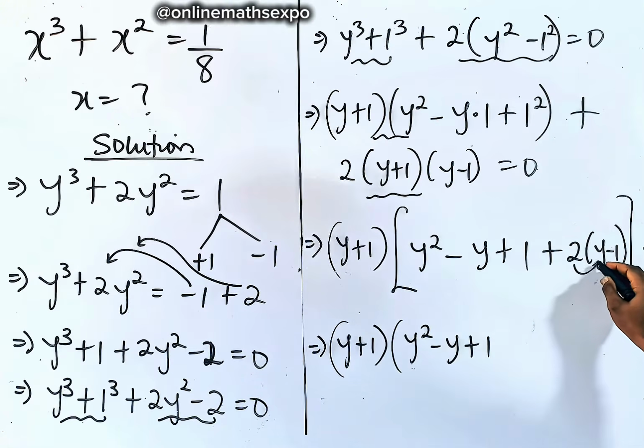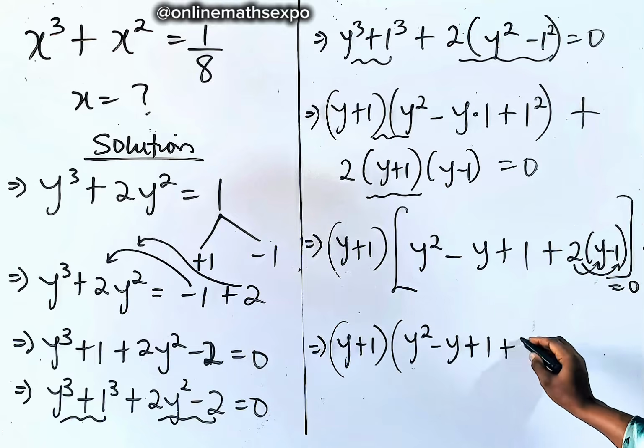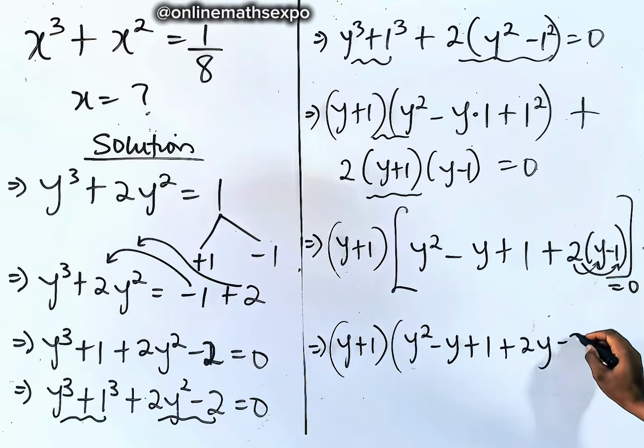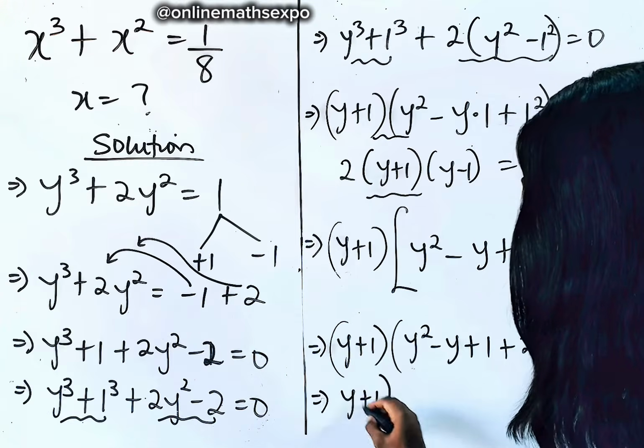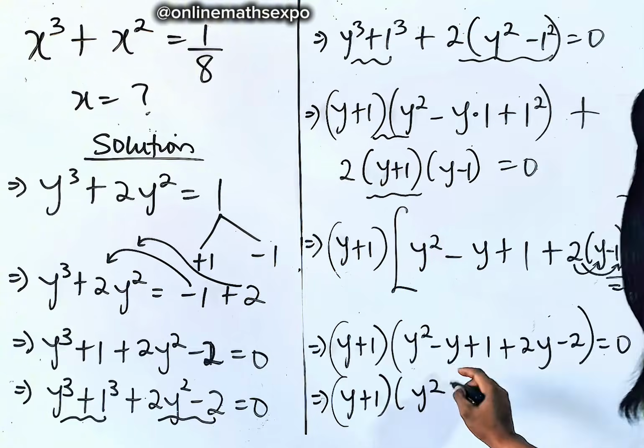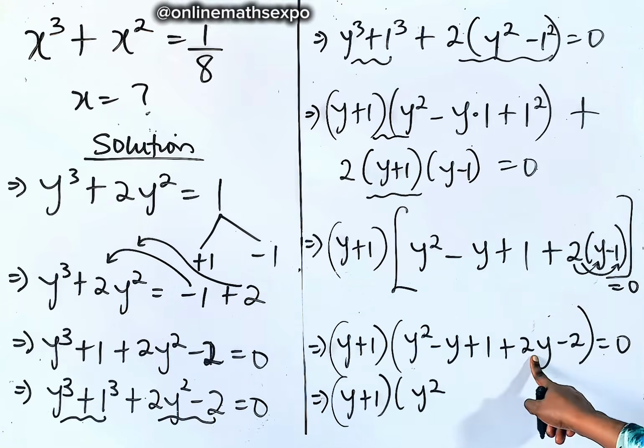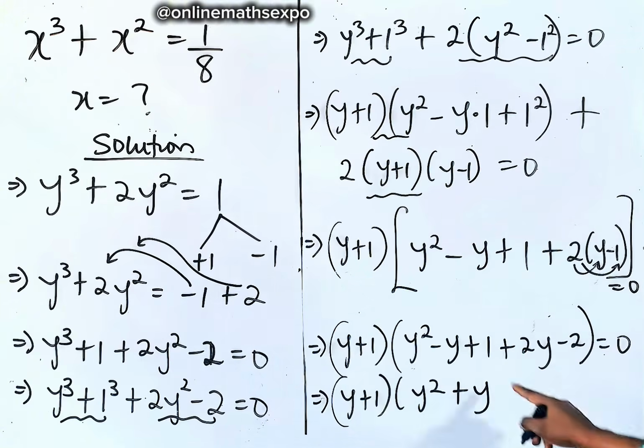Use these two to distribute into the brackets. So we have 2y, this will give us -2 is equal to 0. So it means that this y plus 1 into y squared, negative y adds 2y gives us y, and 1 subtract 2 gives us -1 is equal to 0.